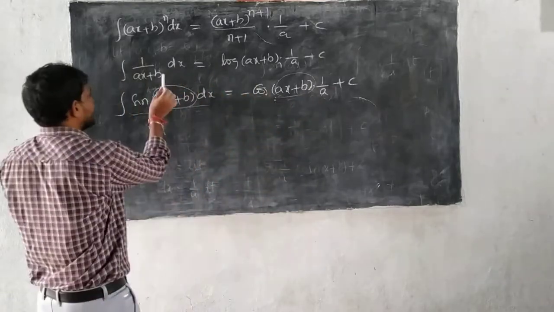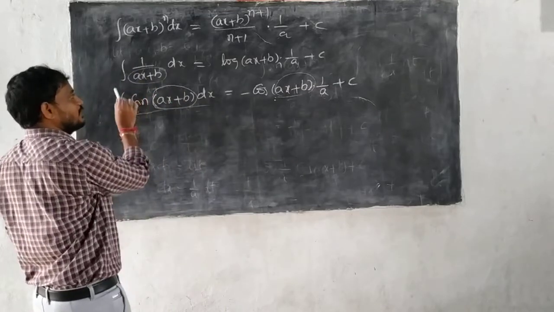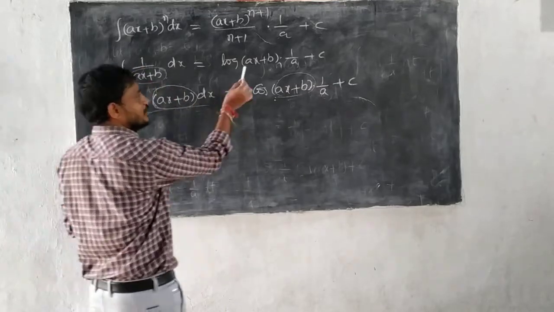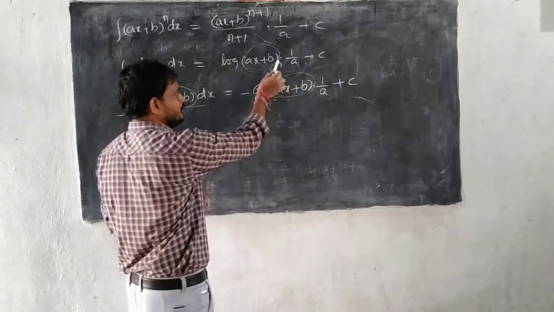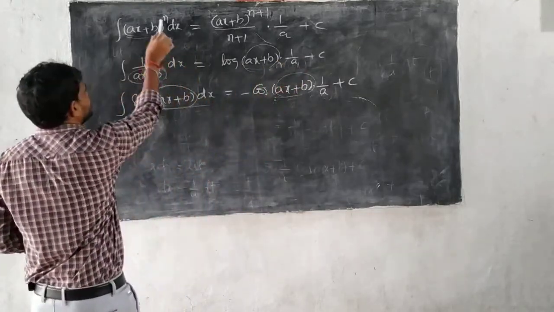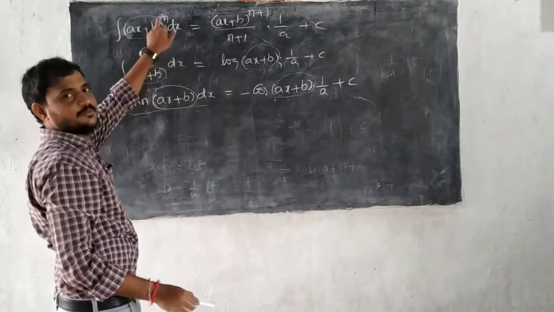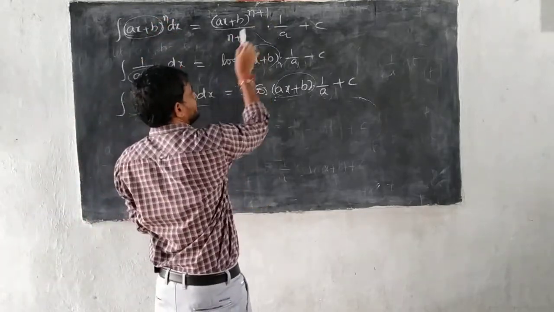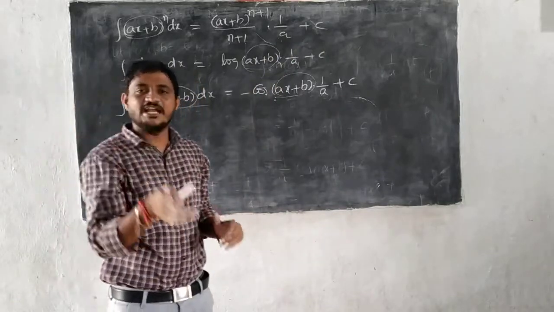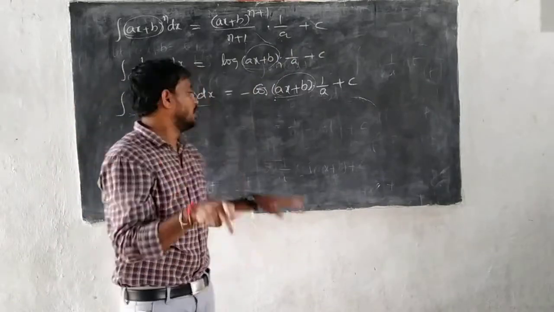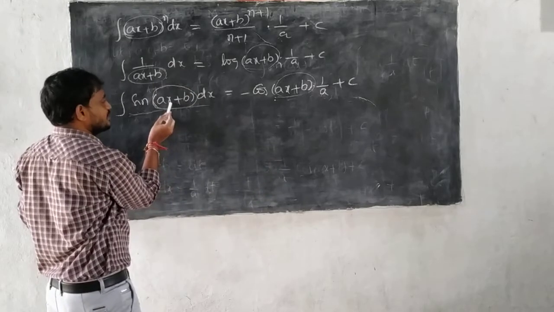Here also, consider this total term as x. So you get 1 by x. Integration of 1 by x is log x, and into 1 by a. Here also consider this total term as x. Integration of x to the power of n is x to the power of n plus 1 by n plus 1, into 1 by a. That means we are using standard formulas, but along with that we are writing the x coefficient.